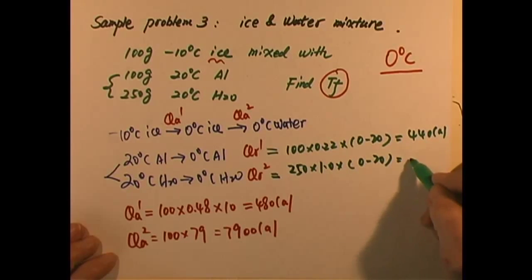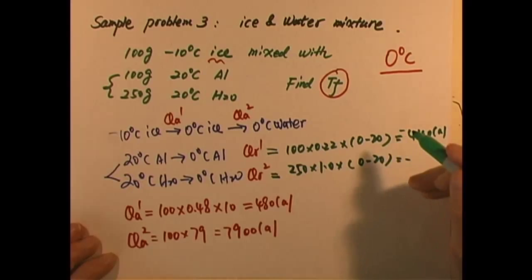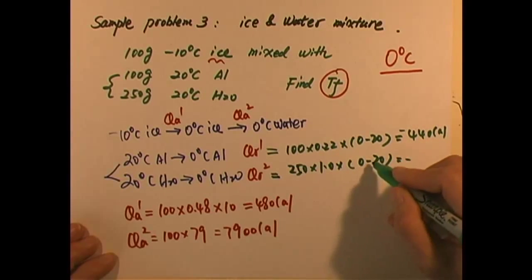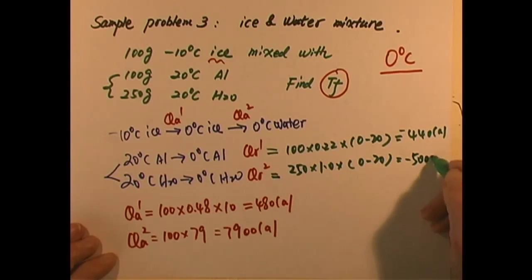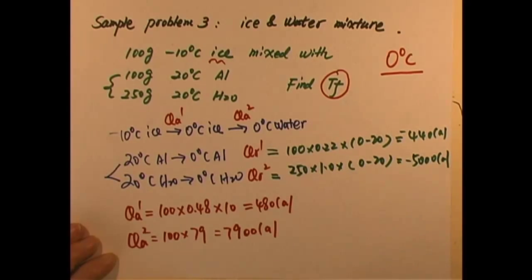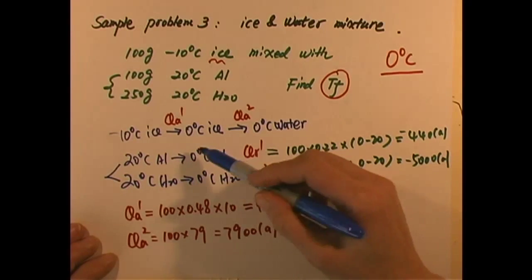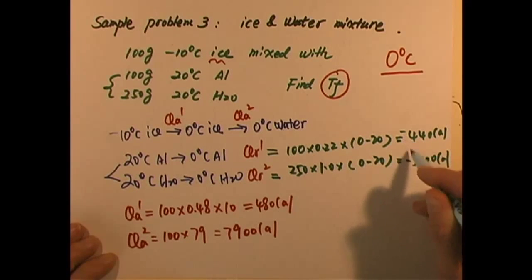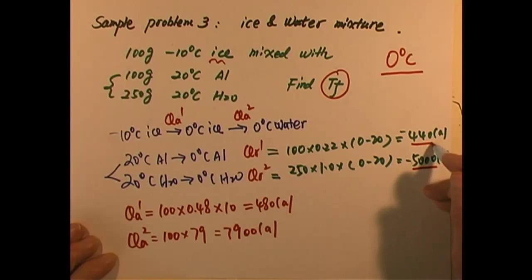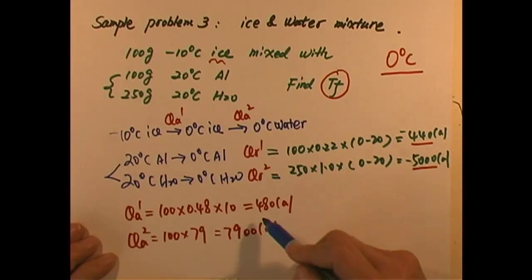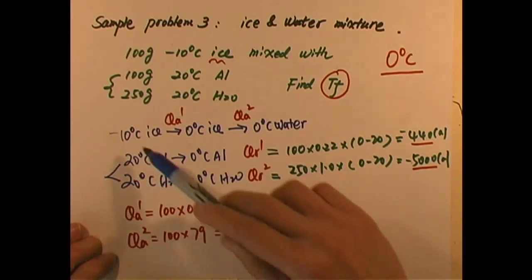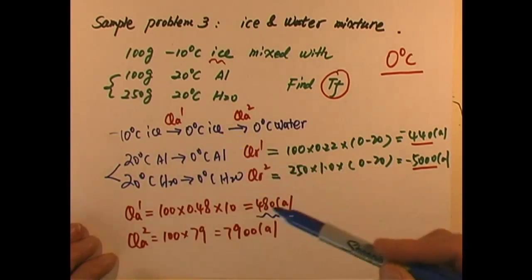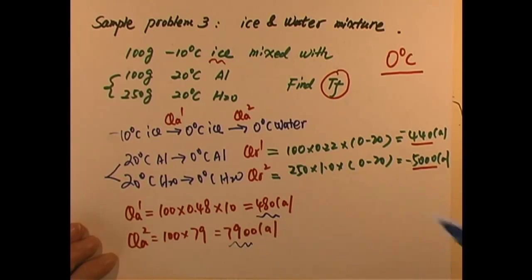I'm sorry, here's the negative sign, it's being released. That will give us 5,000. So this tells us our system, the warm one, when both drop to 0 degrees Celsius, can only release, negative only means release, 5,440. It can certainly afford this step, which is bringing negative 10 degrees ice to 0, but it cannot melt it all.